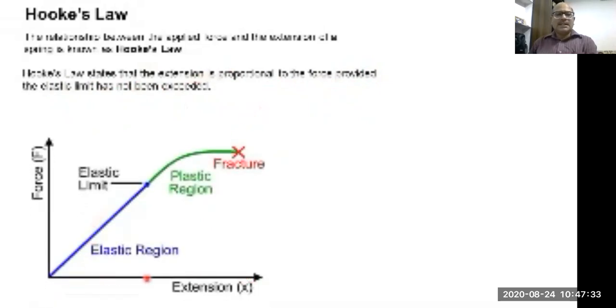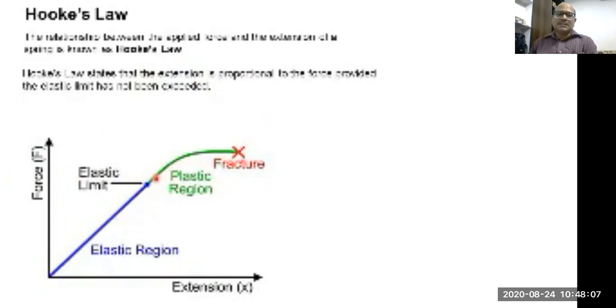And you can understand using this graph: the force we are applying and the extension, from a starting point up to a certain region, which is known as the elastic limit. Up to this point it is straight, and if we remove the force, the extension will come back. But this is where permanent deformation starts to take place, and this is known as the plastic region.